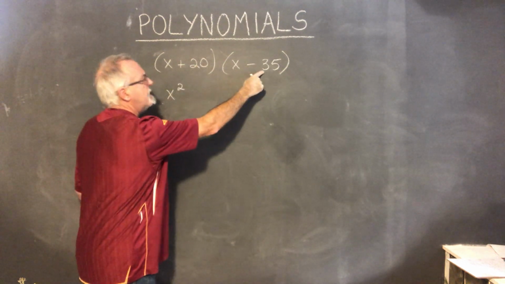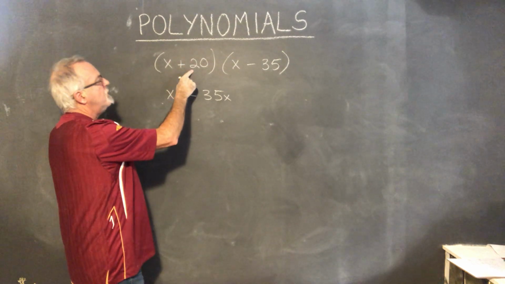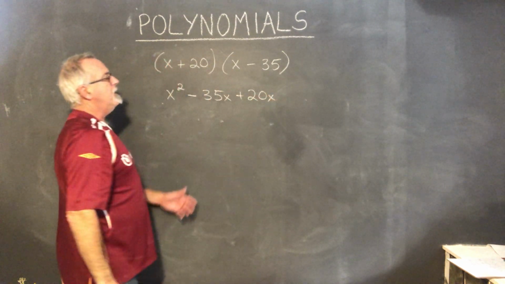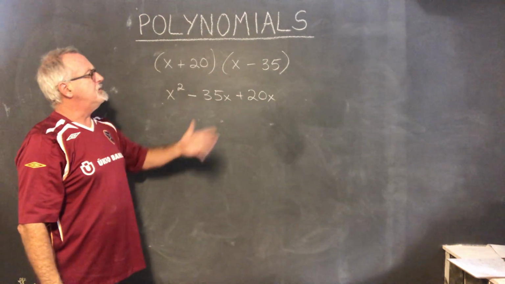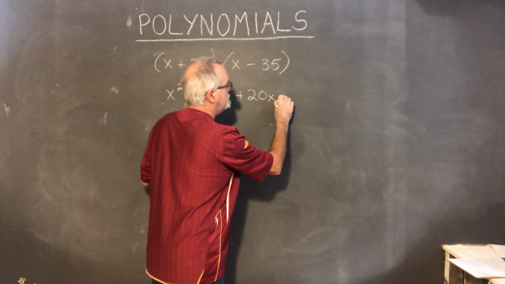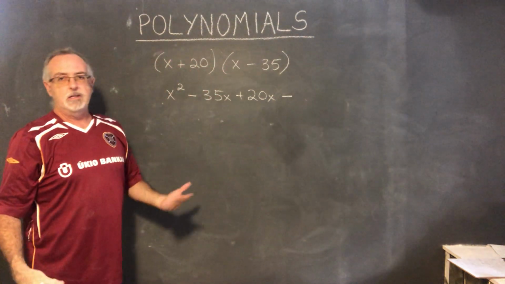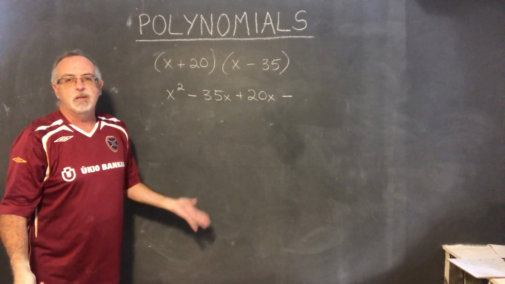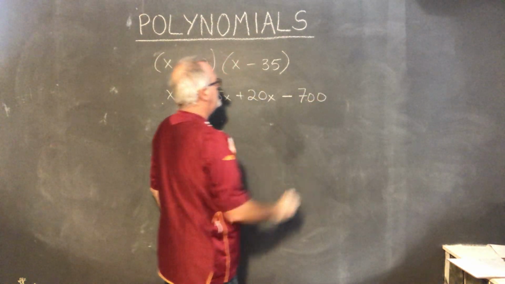Outside, x times negative 35, that's minus 35x. Inside, 20 times x, that's plus 20x. Finally, the last times last, that's when the big numbers kind of matter in a way. 20 times negative 35. Okay, it's a positive times a negative, so I'm going to get a negative answer. And 10 times 35 is easy, that would be 350. So 20 times 35 is 2 times as big as 350, that's 700. So not too hard to do in my head.